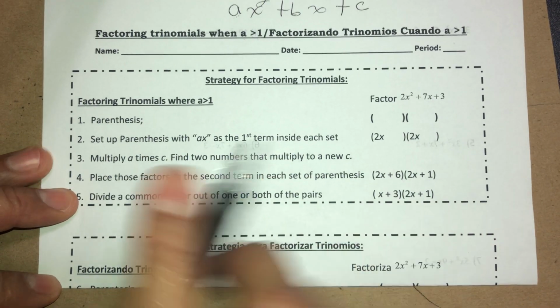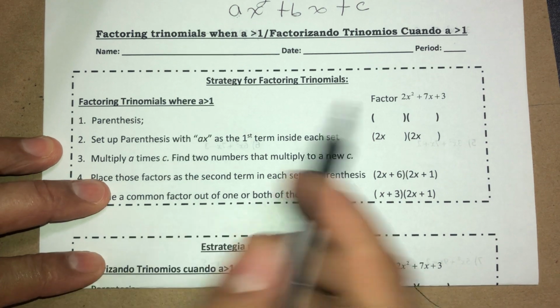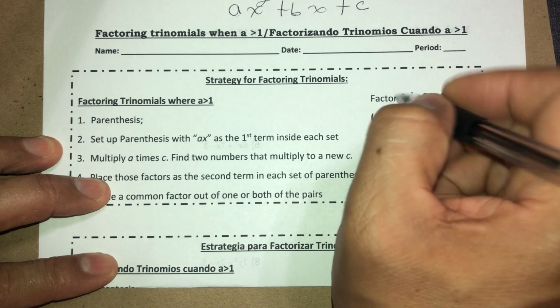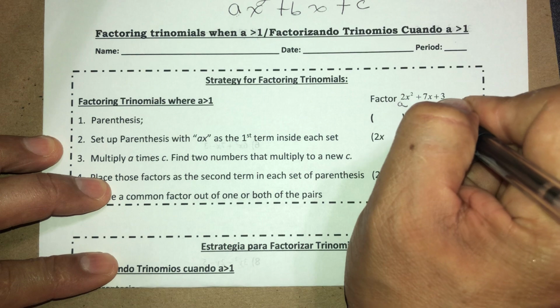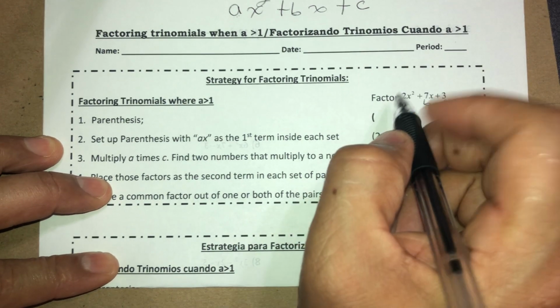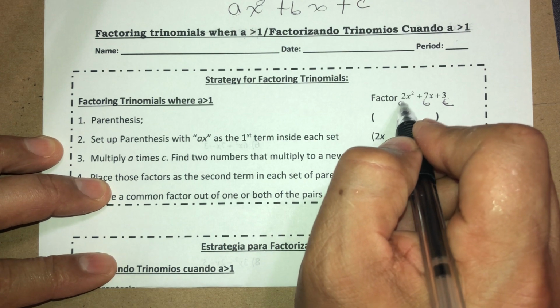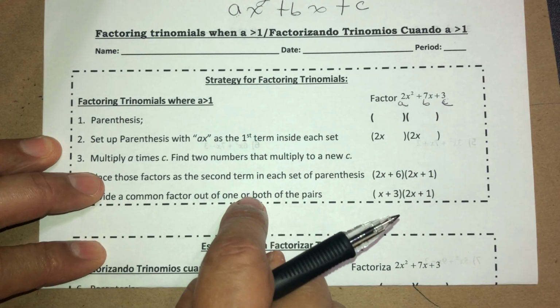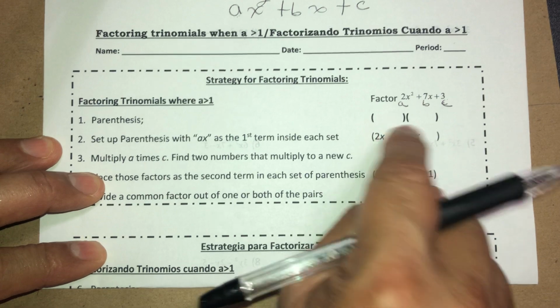When we factor a trinomial where a is greater than 1, it's the same thing. If you notice here, a is 2, b is 7, and c is 3. Remember, when the value of a is greater than 1, we have to do an extra step. The first thing you have to do is open parentheses.